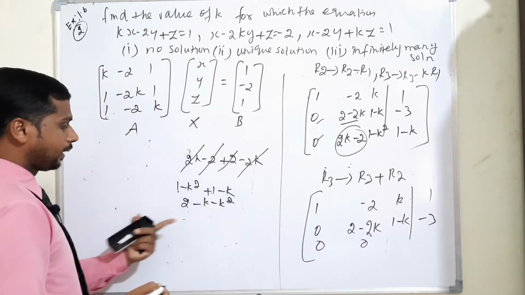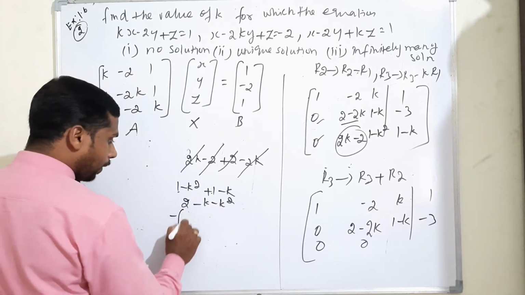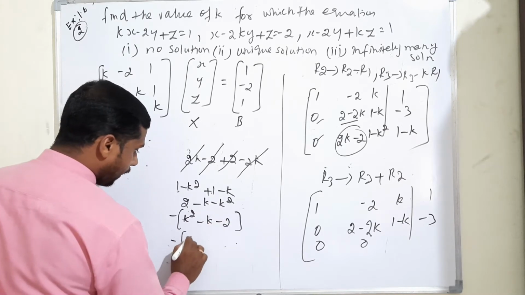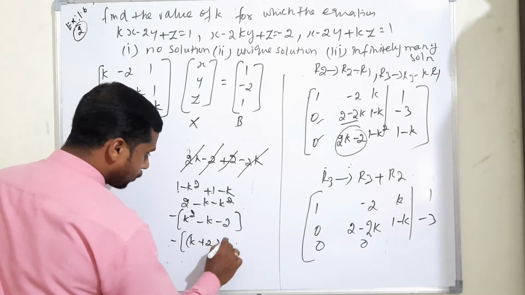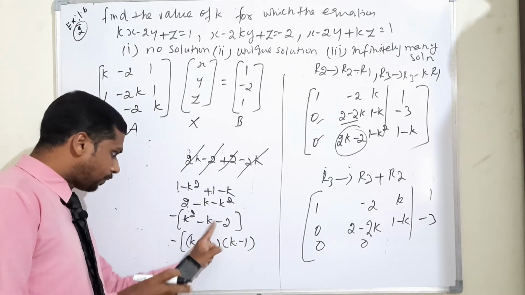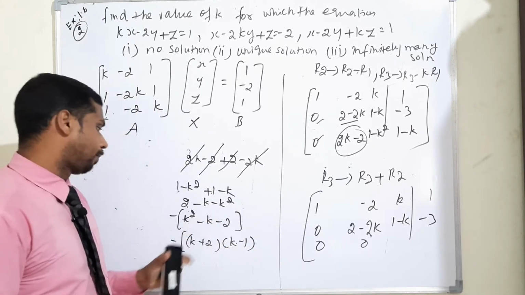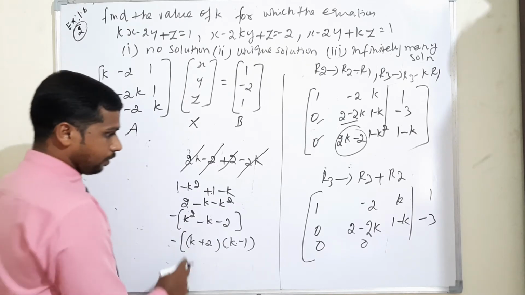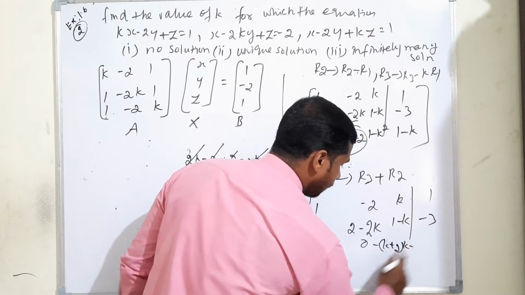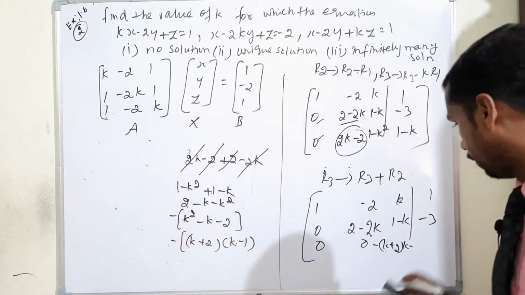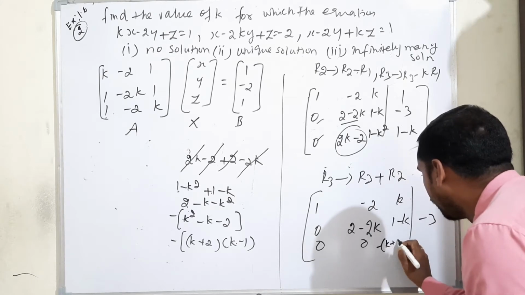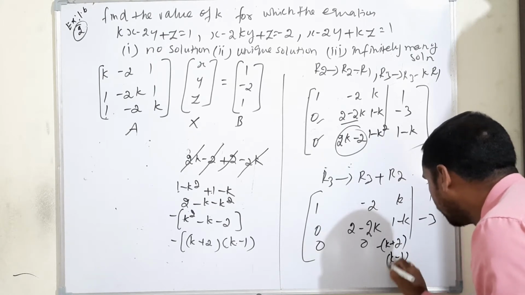Splitting the middle term, take minus common outside: k square minus k minus 2. Again, k plus 2 into k minus 1. If you remove the bracket you get the same answer, k square minus k minus 2. So we write minus of k plus 2 and k minus 1.